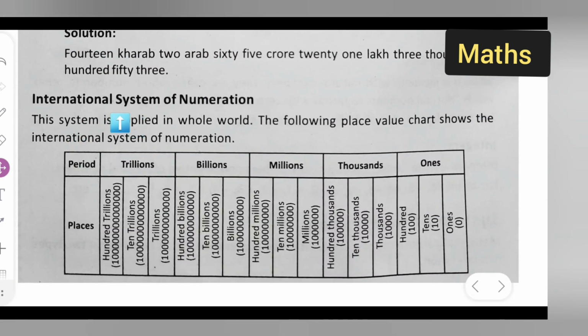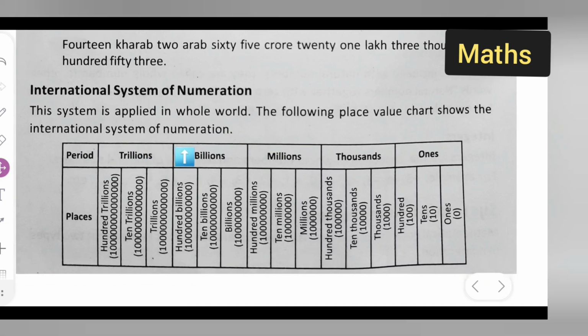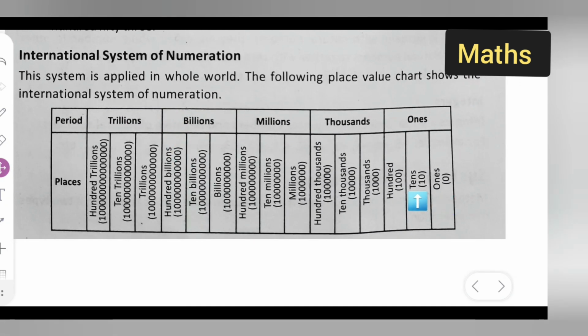Next is the International system of numeration. This system is applied in the whole world. The following place value chart shows the International system of numeration. So here it is ones, 10, 100, 1000, 10,000. Then you'll have 100,000, 1 million, 10 million, 100 million, 1 billion, 10 billion, and so on.